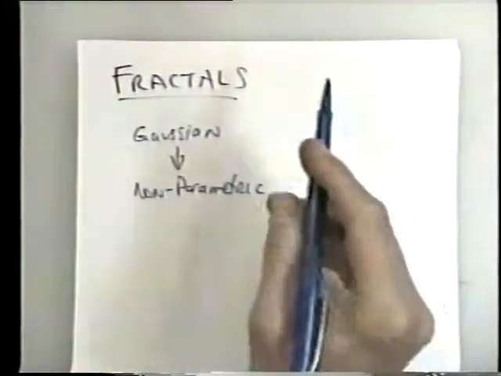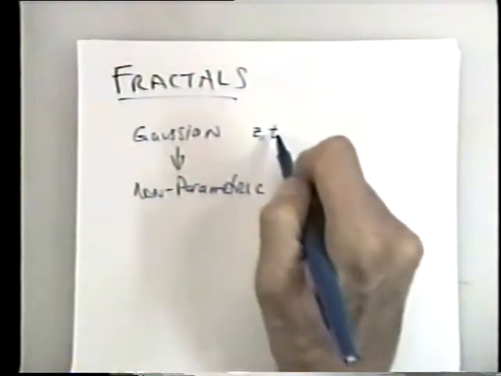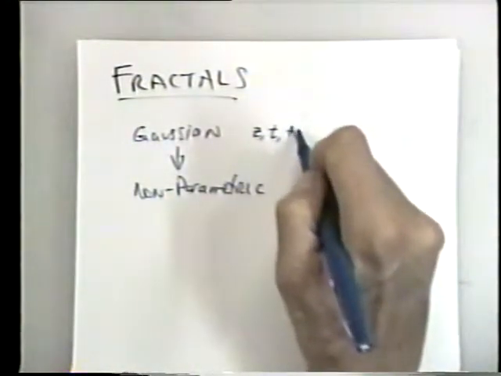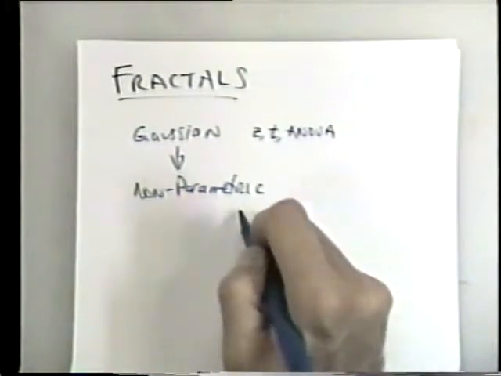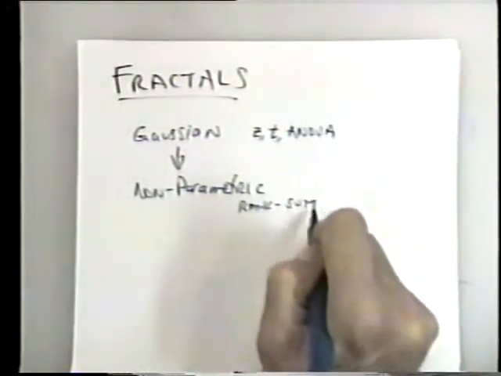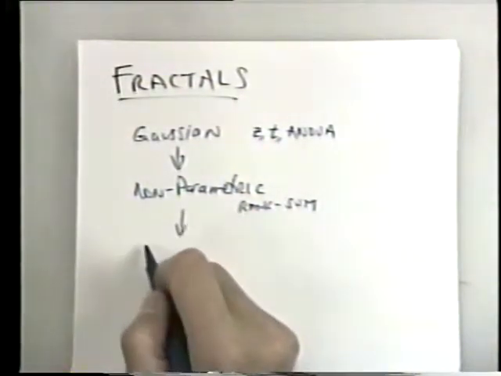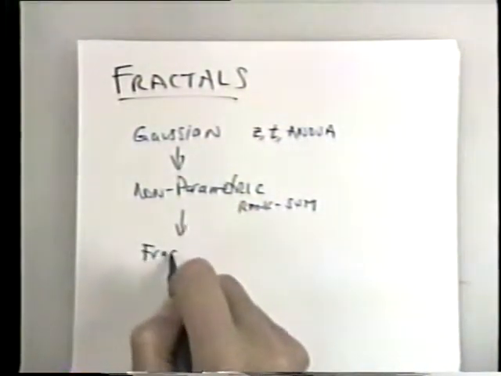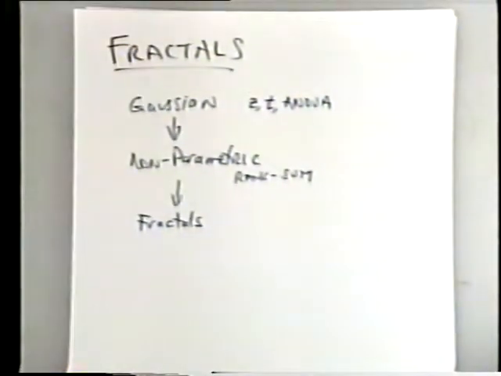The Gaussian is characterized by all the usual stuff like z-scores and t-tests and analysis of variance. And non-parametric includes things like rank sum tests and similar things. And now we're getting on to fractals.